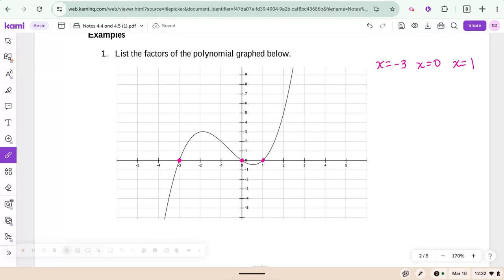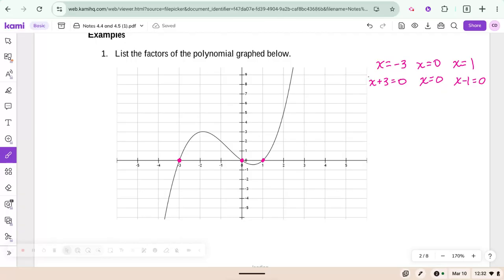Now I can turn these into factors. Think about taking this first equation and adding 3 to each side. If you add 3 to each side, you'll get x plus 3 equals 0. Now x equals 0 I'm going to keep because it already says equals 0. And the last one, I'll subtract 1 from each side. So I want each factor to say equals 0.